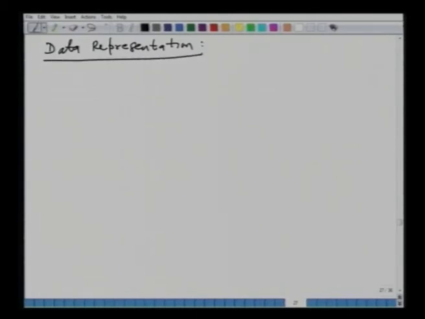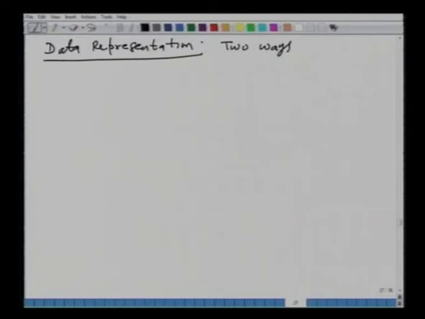There are various variables which are measured over time, but even at the discrete time intervals at which they are measured, we represent or store the data, or the method of representation can be different. Okay. So, there are basically two different types of methods or two different ways of data representation. Okay.